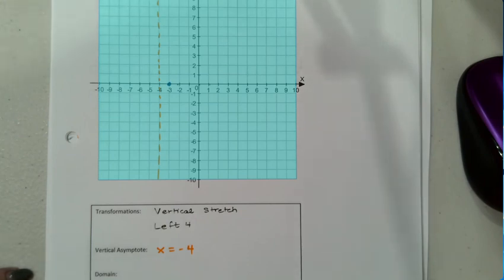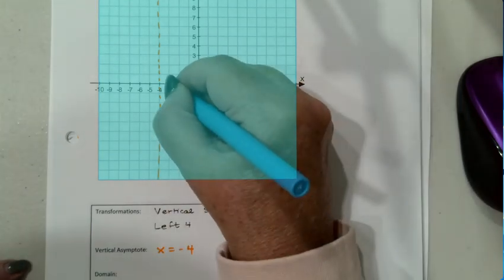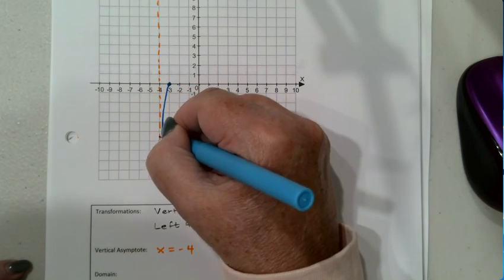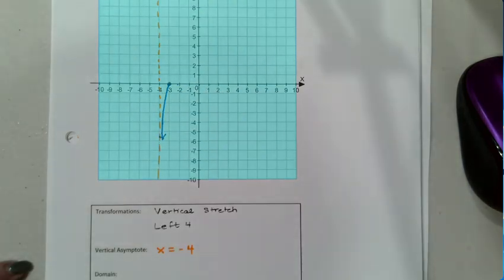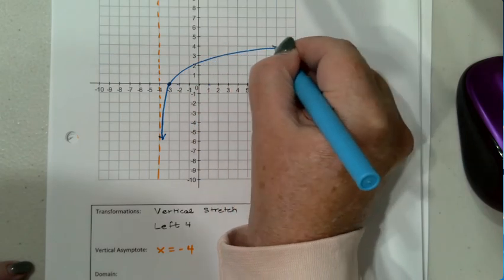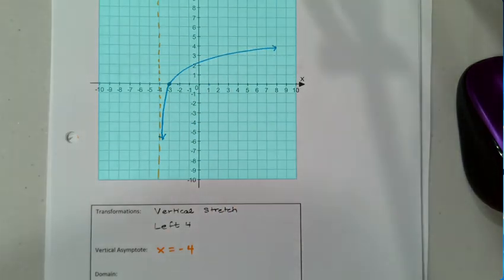And once I've moved those two things, the vertical asymptote and the x-intercept, I'm just going to sketch. I know I have to go down and approach that vertical asymptote. And then I go up kind of slowly on the other side. And that's as accurate as I'm looking for without using technology.